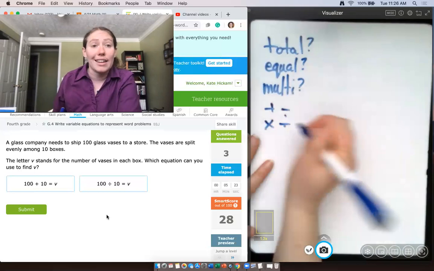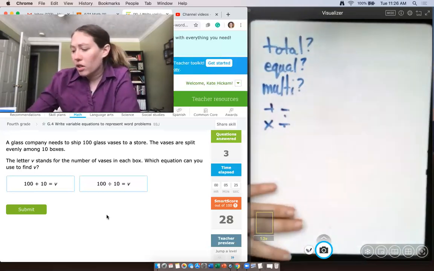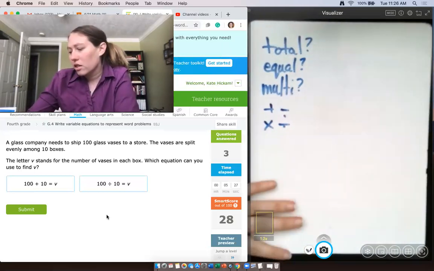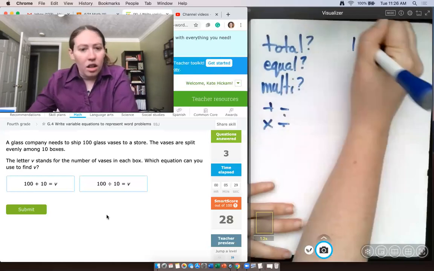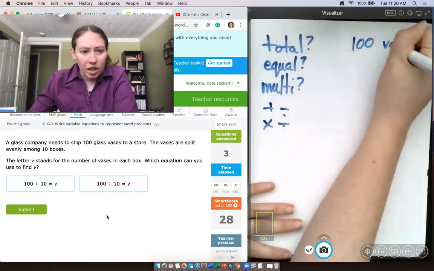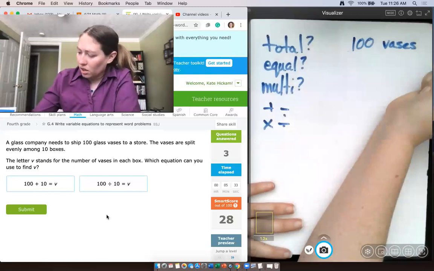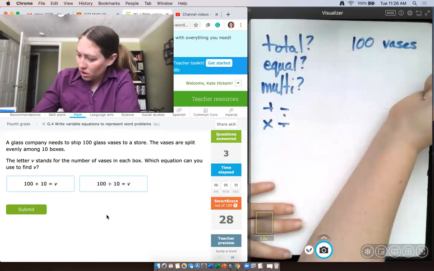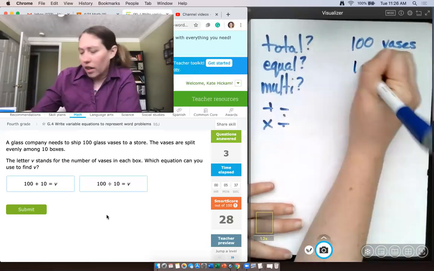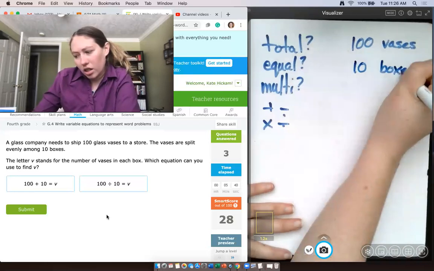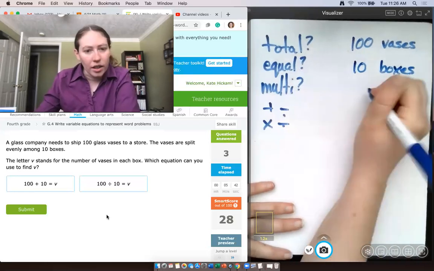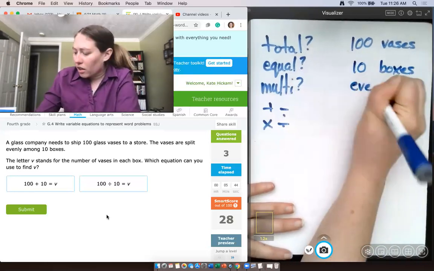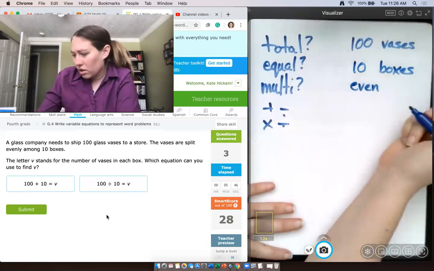Whoa, that's a lot of glass. So 100 vases. They're split evenly among 10 boxes. 10 boxes, and they are even. Okay. And V equals vases.